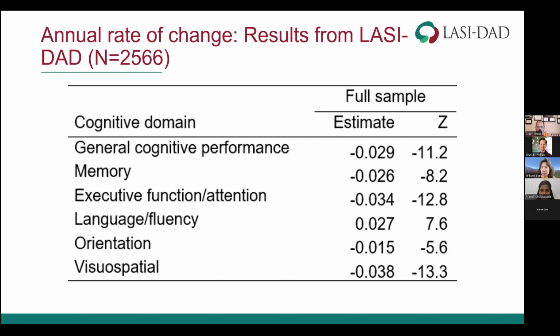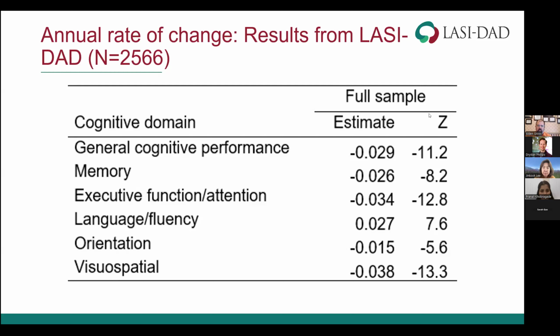And so we see that there's somewhat shallower decline for general cognitive performance than what I just said, but negative 0.029. That's close to negative 0.03. It's on the lower end of decline that we would expect. But we also have to keep in mind that this LASI-DAD sample includes people who are as young as 60 years of age. The benchmark that I quoted of between 0.03 and 0.05 standard deviations per year really refers to people who are 65 and above.